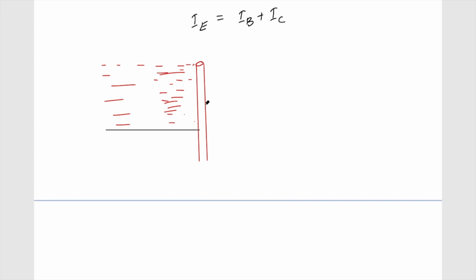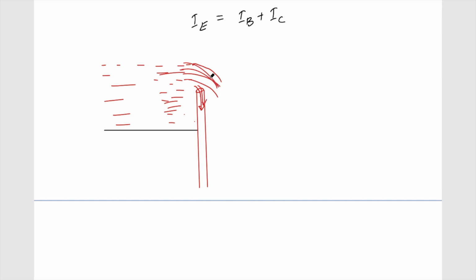Now what I'm trying to do is lower this barrier so that water can flow out. So I'm lowering this barrier. Because of this lowering of the barrier, a huge amount of water is going to flow out, and some water will also flow through this pipe.